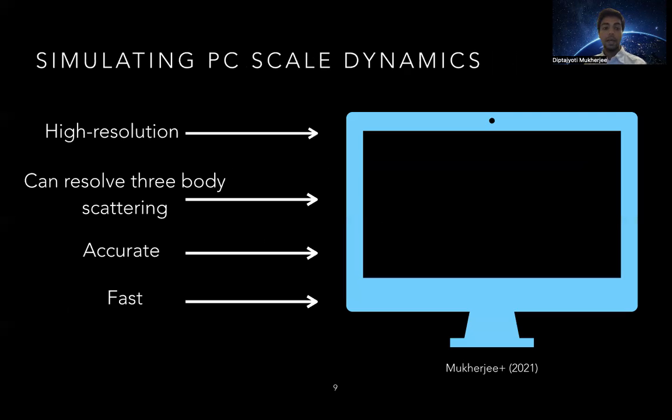So we are interested in studying how a mass spectrum affects the dynamics, in addition to increasing the particle numbers from previous studies. So we require a code that can not only do high resolution N-body simulations, but that needs to be sufficiently accurate, and it needs to be quite fast because we don't want to wait months for our simulations to finish.